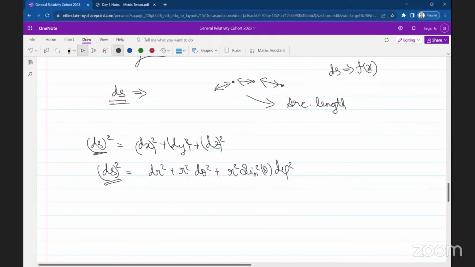Now, this metric tensor g_mn is just the component of the metric tensor. So if I say metric tensor as g_mn, just understand that it's the component of that metric tensor. Now this component varies as a rank 2 covariant component.